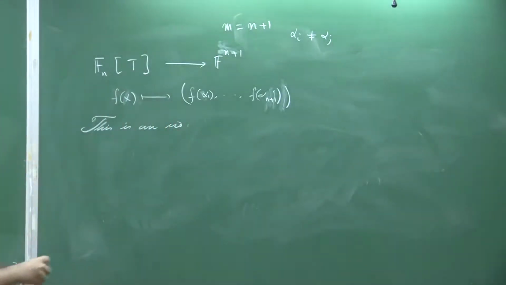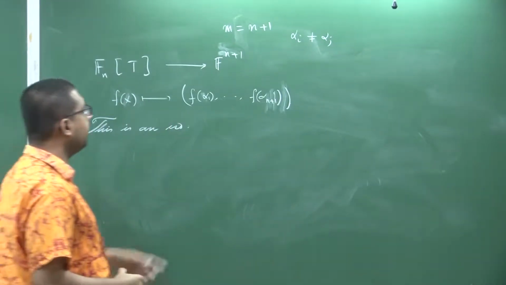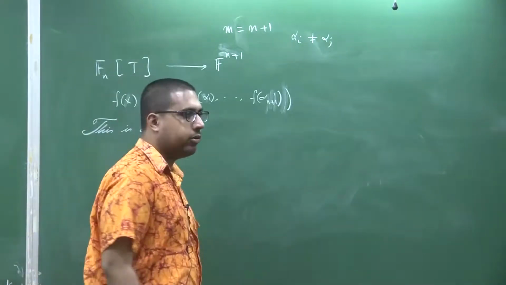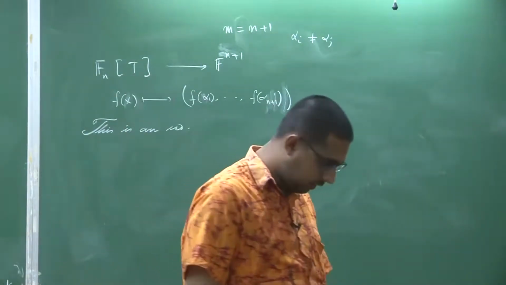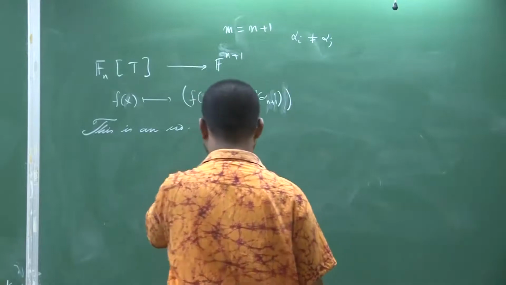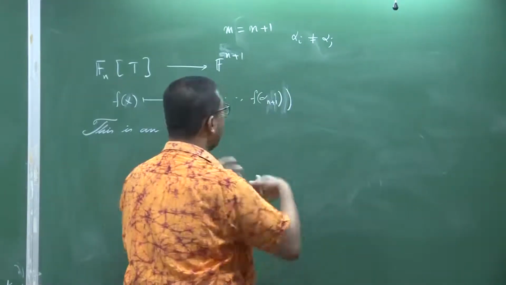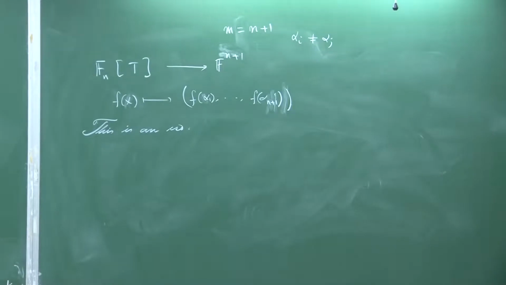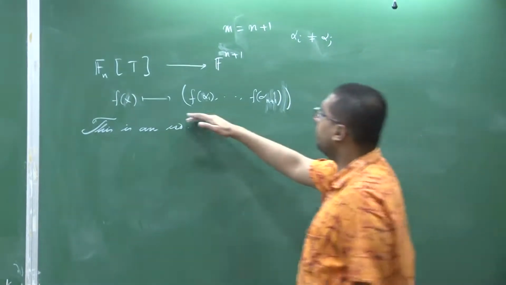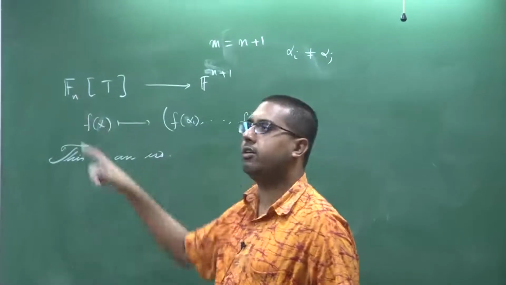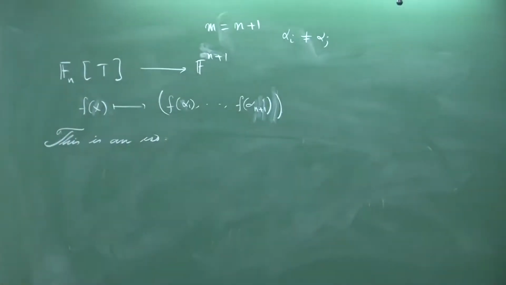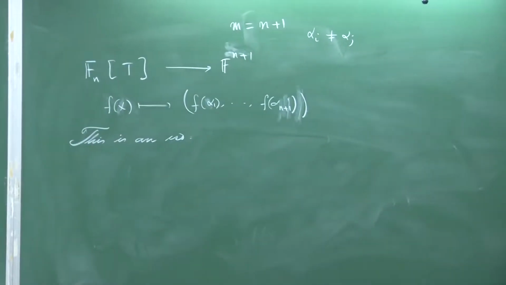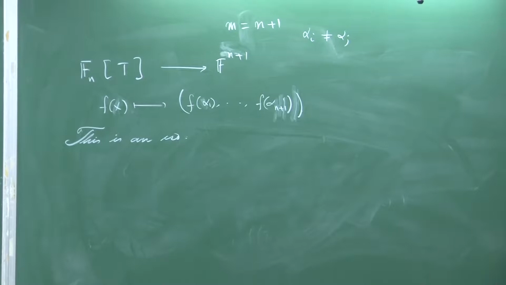Otherwise, suppose you do not use the consequence of the rank-nullity theorem that I have discussed, and instead you start with an (n plus 1)-tuple and try to find an f whose evaluation like this will give you the tuple.